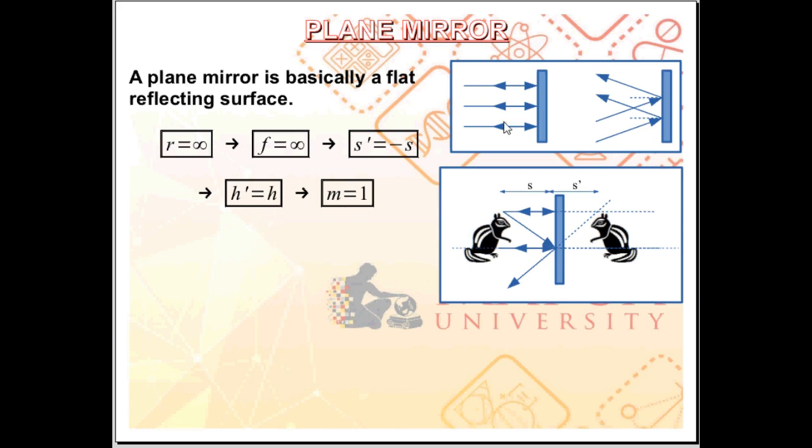For a plane mirror, the image height is just the same as the object height, so the magnification is 1. It's always 1. If the magnification is not equal to 1, then you do not have a plane mirror. You might have a curved mirror, either a concave mirror or a convex mirror.